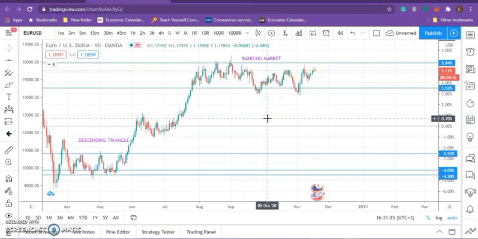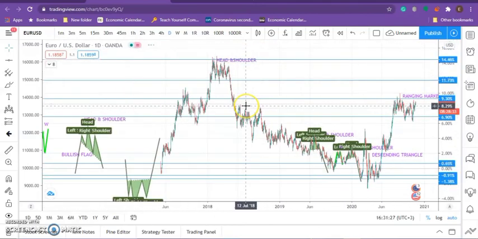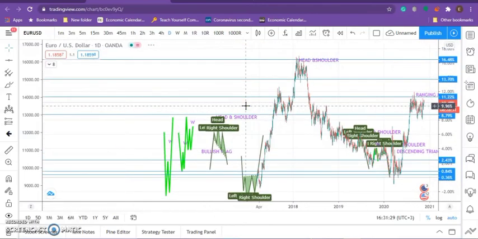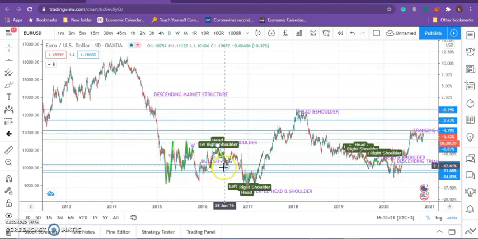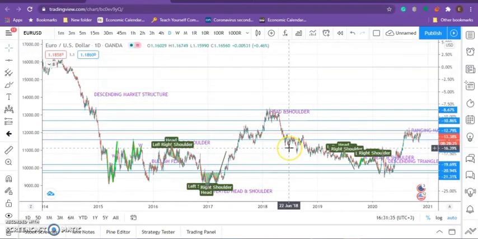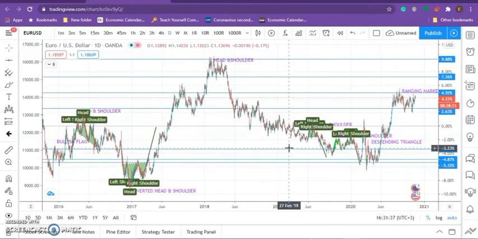Yeah, so we have covered the W formation, the M formation, the bullish flag, the descending market structure, the head and shoulder pattern, and also the descending triangle pattern.